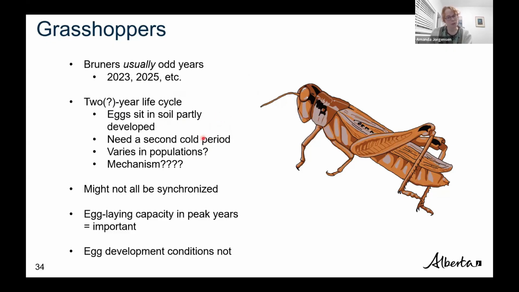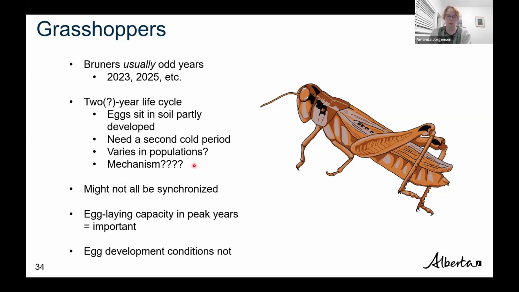Now, there's a lot of questions there. Some older research shows that some different populations of Brunner's grasshoppers might have variation in how much they require that second cold period and whether they require a third cold period. And the mechanism is not really clear either.